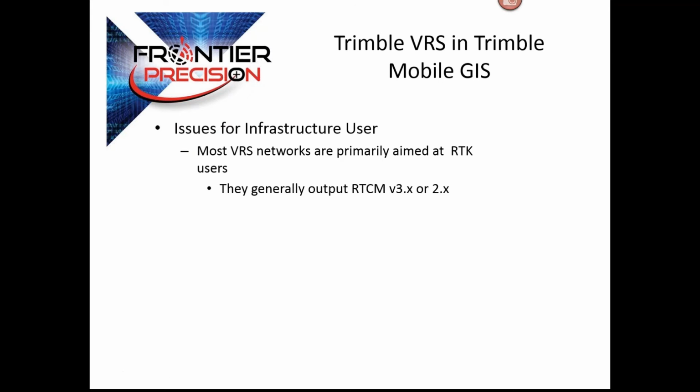So some issues for an infrastructure user to be noted: most VRS networks are primarily aimed at RTK users. However, more and more network operators are understanding the value for high accuracy GIS users in the field, and more manufacturers are producing receivers to enable what we call high accuracy GIS.